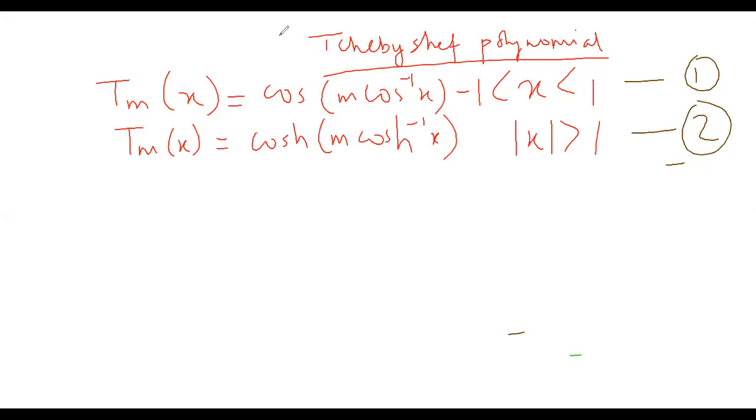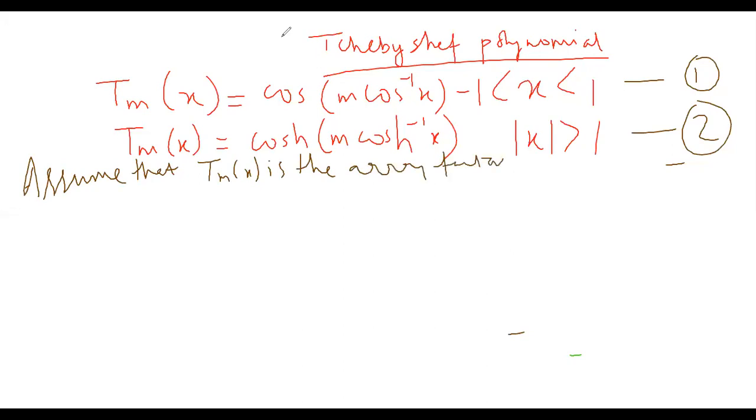Those values of the variables will be the roots of the polynomial. So I assumed that Tm(x) is the polynomial. The array factor is something else, because the array factor will contain z.